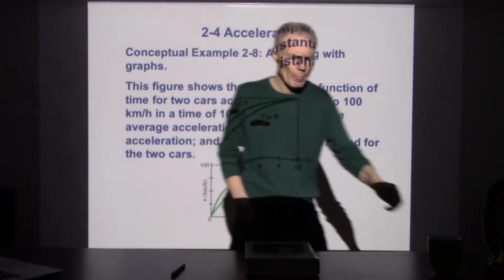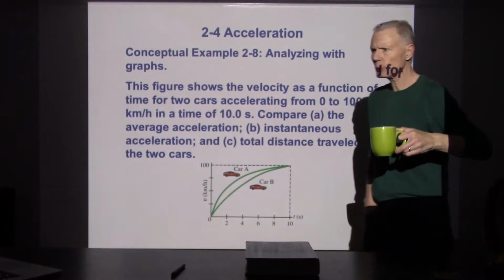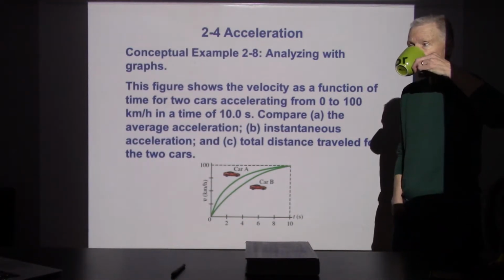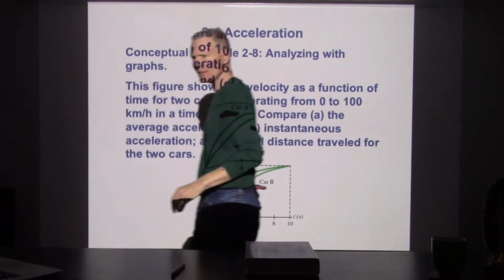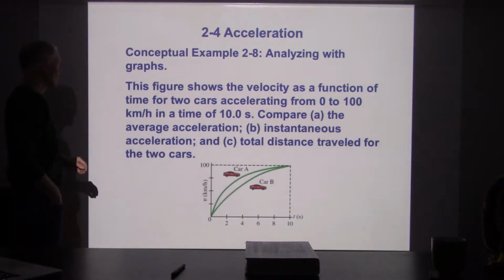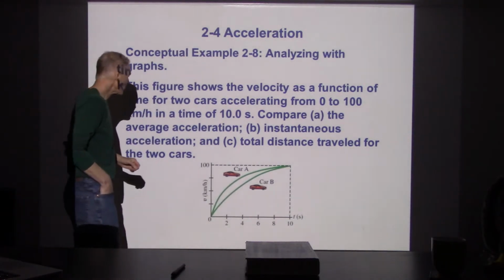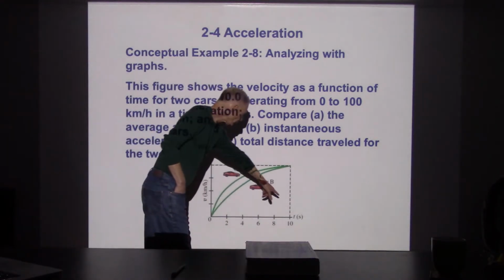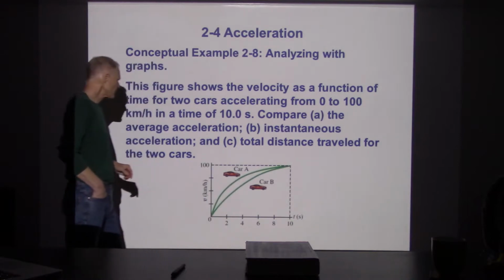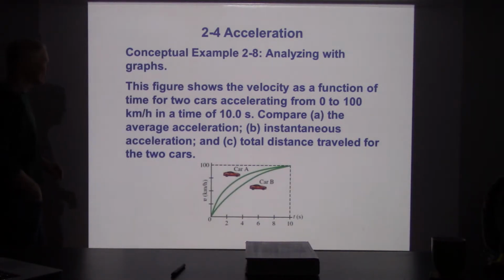Okay, so for this example here, conceptual example 2.8, we're using some graphs. We're analyzing the motion here. And it says that we have two cars, car A and car B, and we are plotting their velocities as a function of time. And so that's kind of interesting.